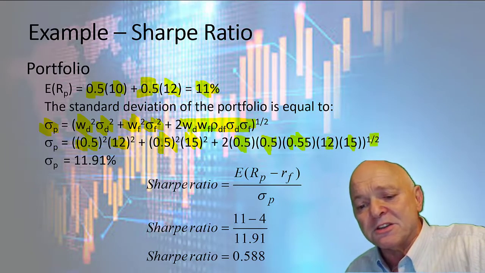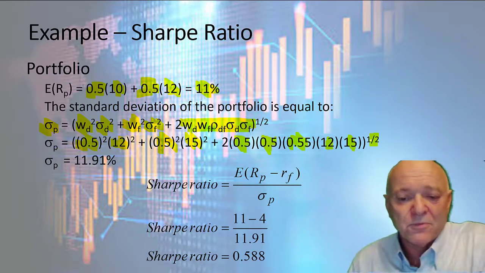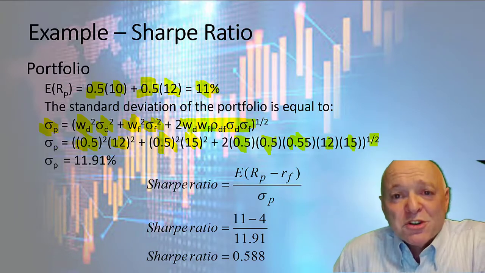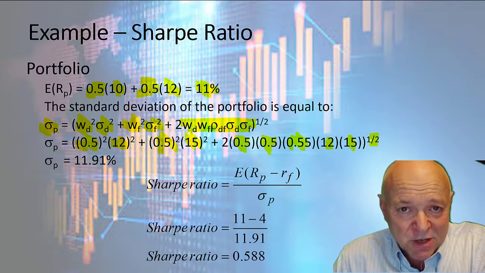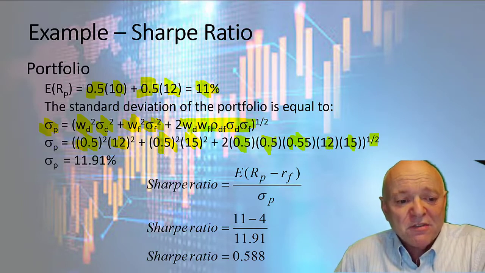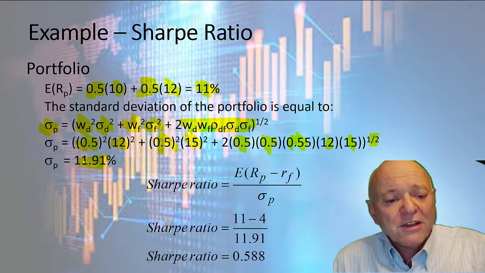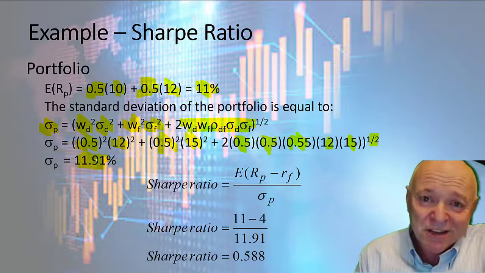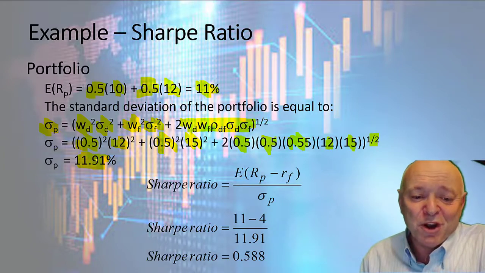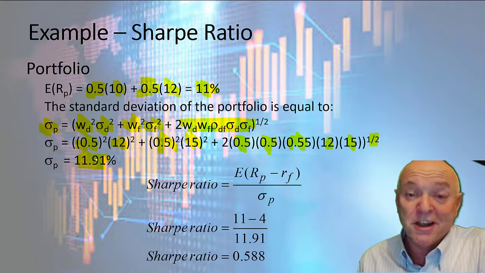Take that all to the square root, or to the 1/2 power, in order to turn the measure of variance into the measure of standard deviation. Well, all of that gives us the standard deviation of our mixed portfolio of 11.91.